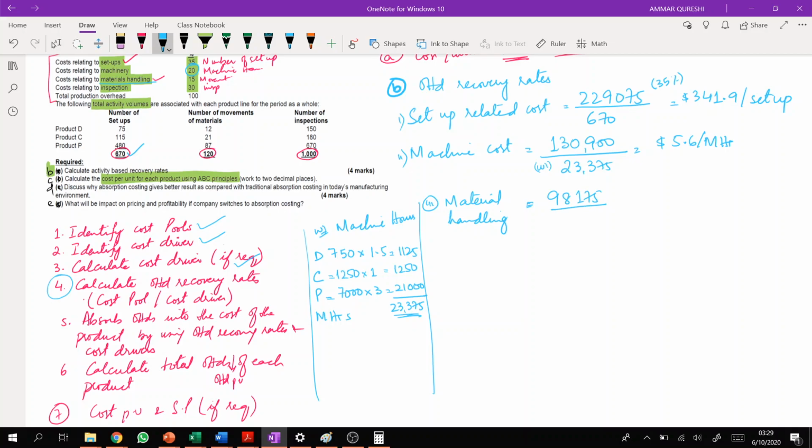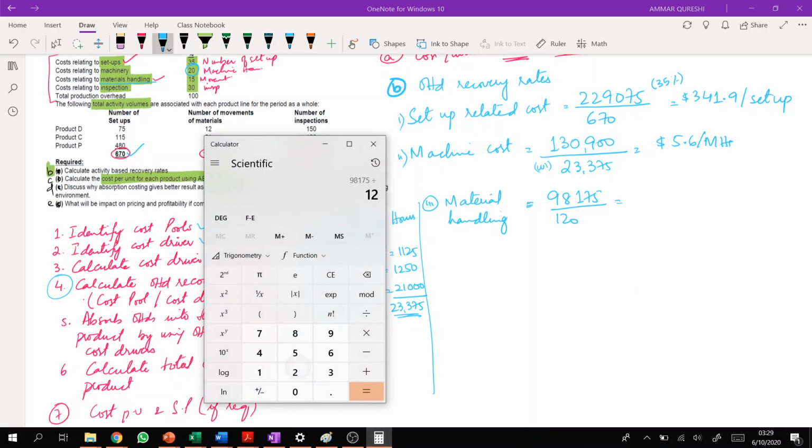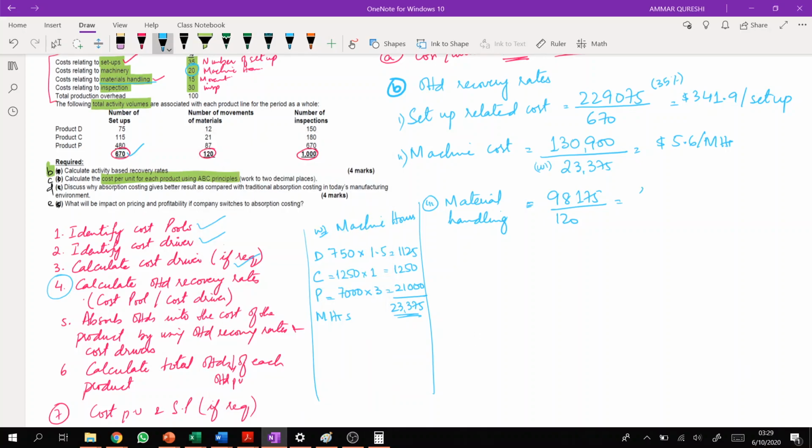Material handling is distributed on the basis of material movements, which is around 120. So if you divide it with 120, 818.125 per movement, or you may write per material movement, right?